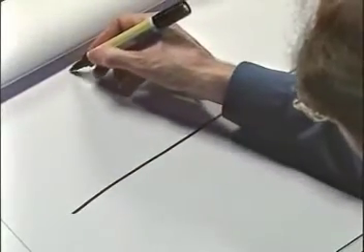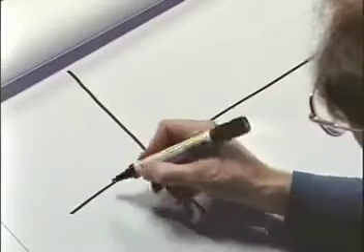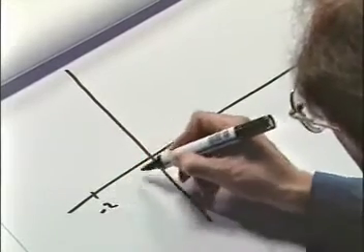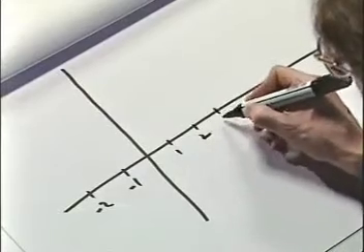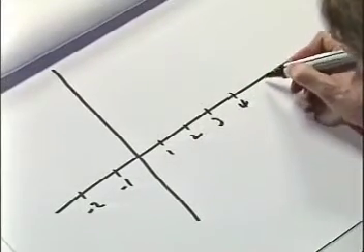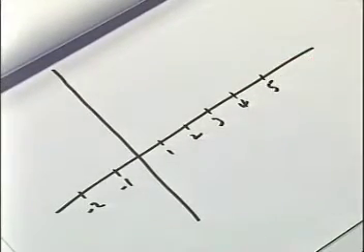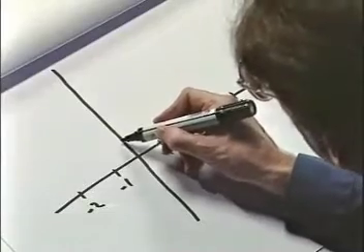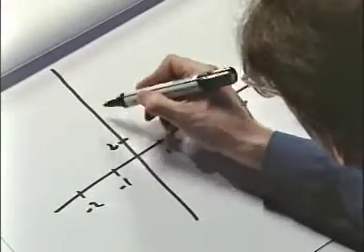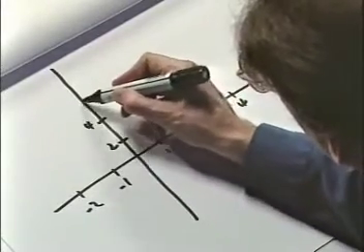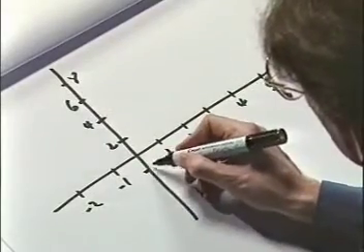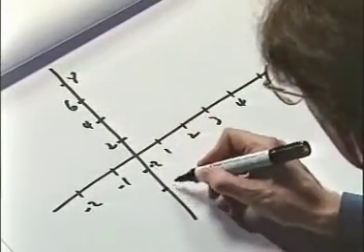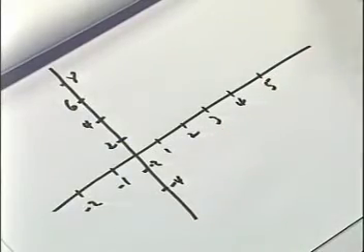We've got our x-axis, our y-axis, and values minus 2, minus 1, 1, 2, 3, 4, and 5. I'll mark these off in even numbers: 2, 4, 6, 8, and minus 2 and minus 4.